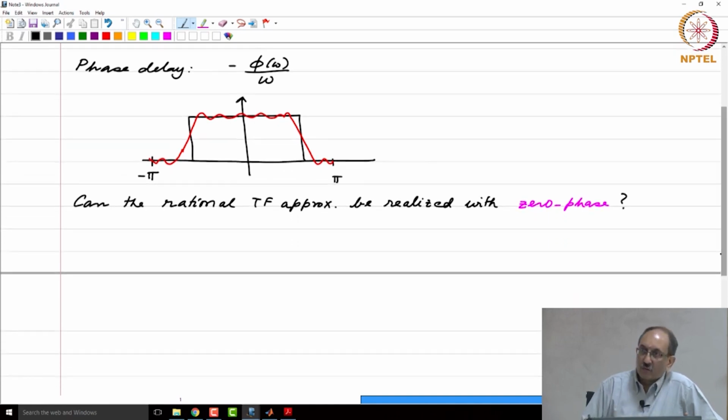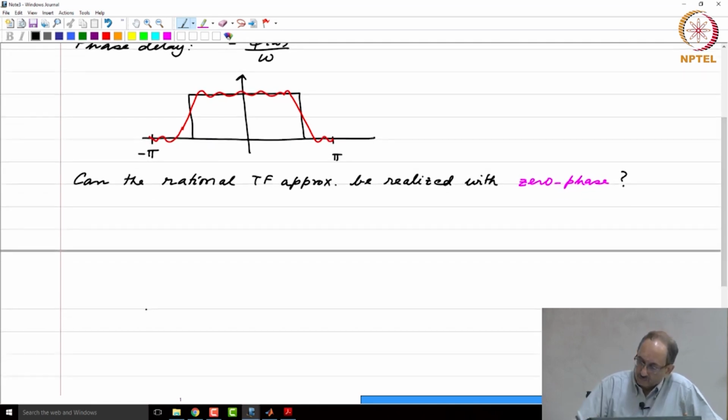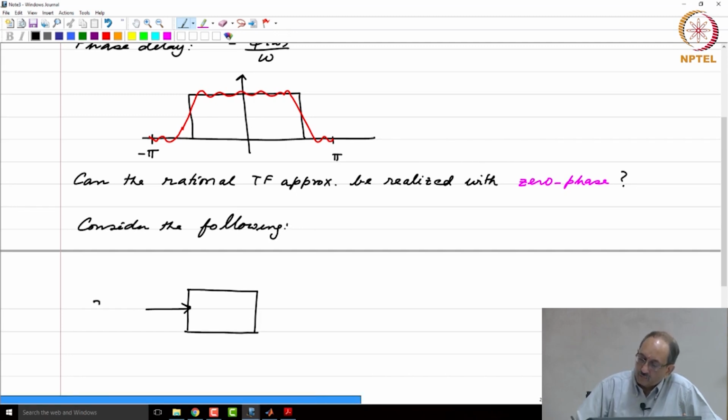Now, let us see whether 0 phase transfer function can be realized. So, now let us consider the following. You have an input x of n, and then you pass it through a system h of z.